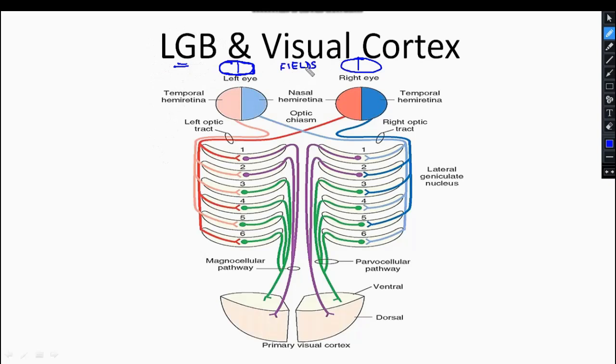See, this visual pathway actually takes place with 3 neurons: first order neuron, second order neuron, and third order neuron. Clear? The first order neuron is the same that we have seen earlier. Let me show you.